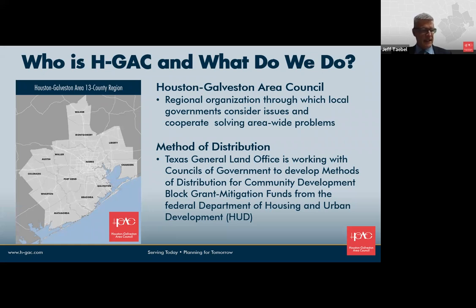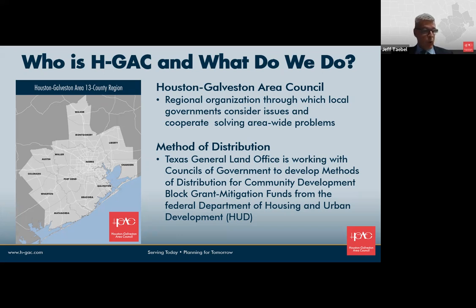H-GAC is a regional council of governments that encompasses 13 counties and 34 cities. Our service area is in this light gray on the map, so we include Houston and Harris County, as well as 12 counties in the surrounding area.